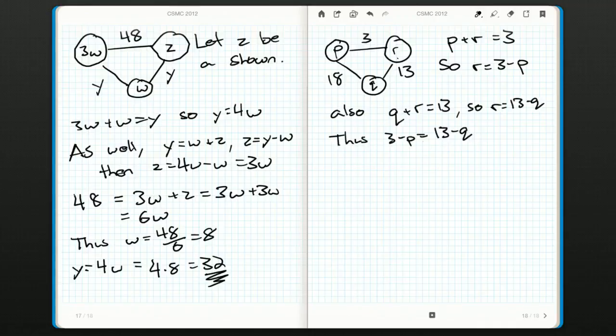We can rearrange these and get a relationship between P and Q. Bring the Q over to the other side and the 3 over to this side. So we know that Q and P are going to differ by 10.